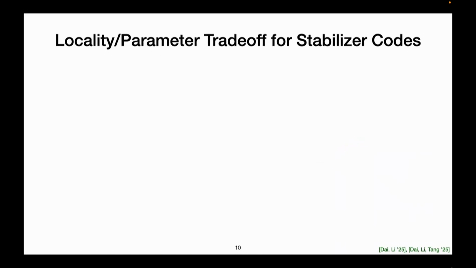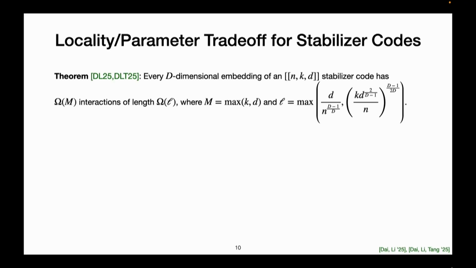Okay. This question was answered in an earlier work and generalized by us. We found an optimal locality and parameter trade-off for stabilizer codes, and this is what it is. Every d-dimensional embedding of an [[n,k,d]] stabilizer code has at least m interactions of length at least L, where m is max of k, d and L is this big expression over here.